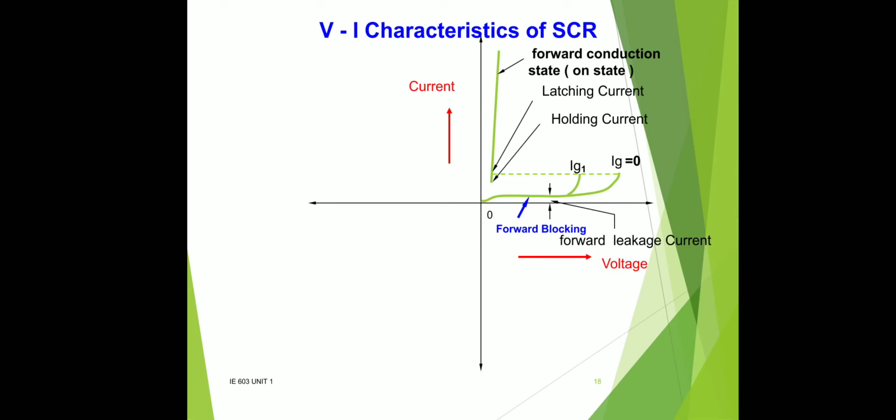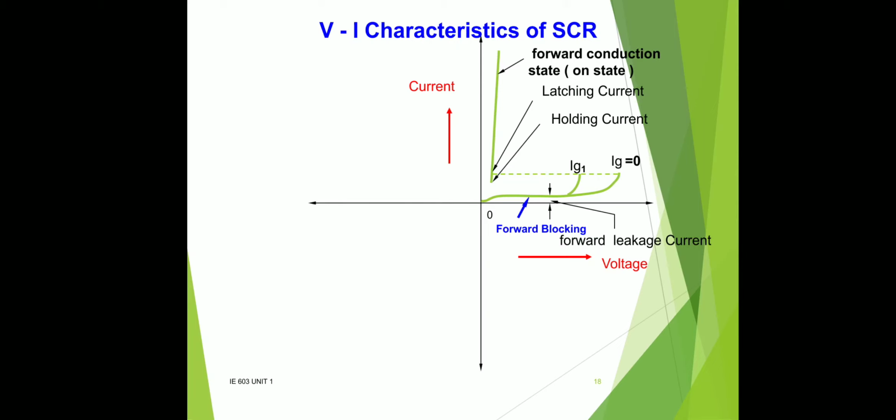So for triggering, the current flowing from anode to cathode should be at least the latching current. This latching current is in the order of 10 to 15 milliamps.